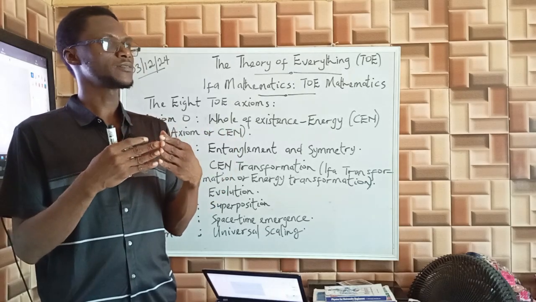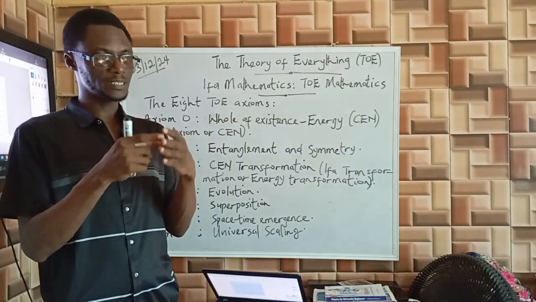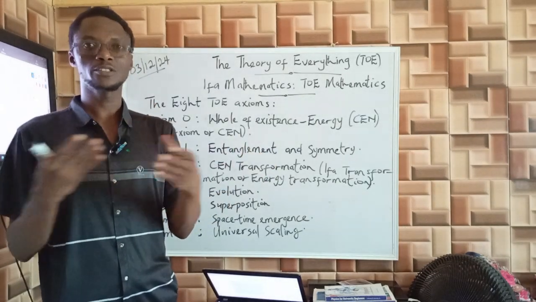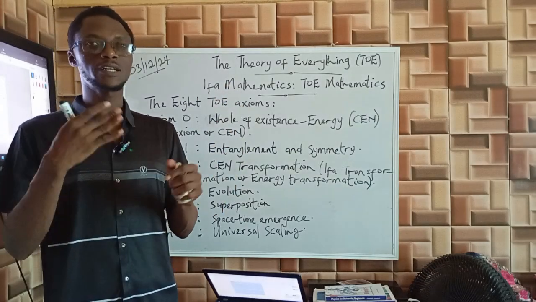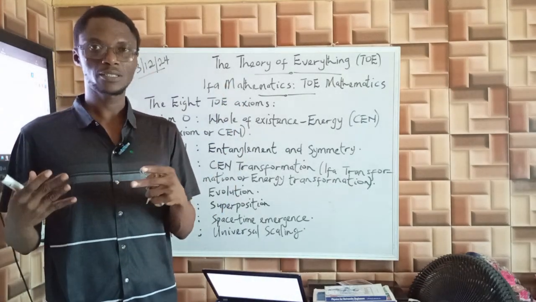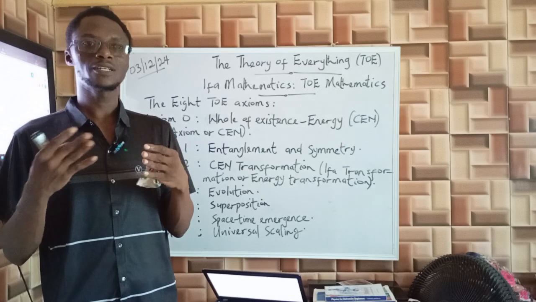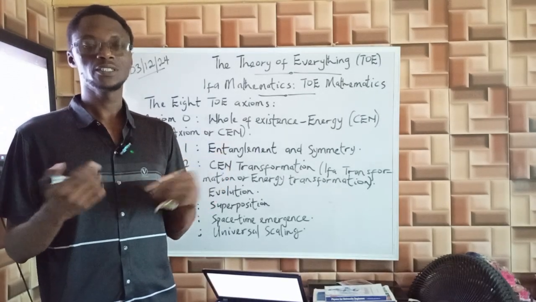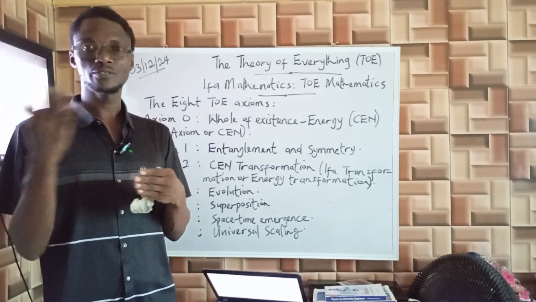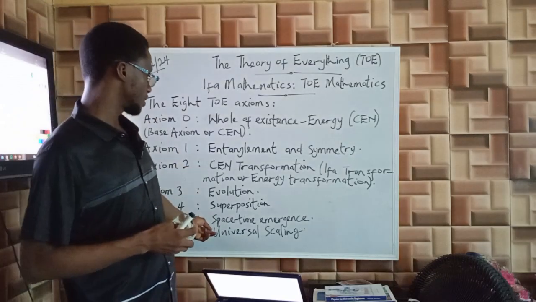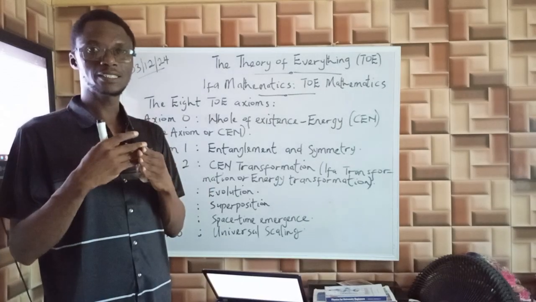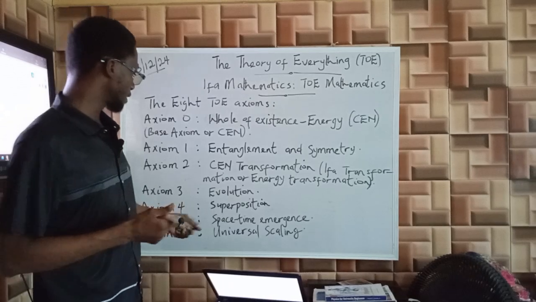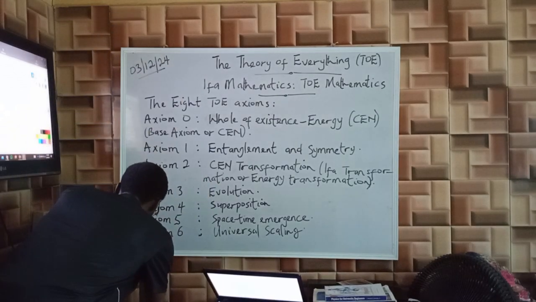We have a lot of examples of hierarchy in nature, like in the family. You have the father, mother, son, and that's the family hierarchical unit. Also, even among animals, you can observe hierarchy. You can see the leader, you can see the followers. These are things that we observe in all aspects of life. Even in physics, in every field, you can see this universal scaling, that hierarchy is a key element of nature. Then we have the last one, axiom 7.